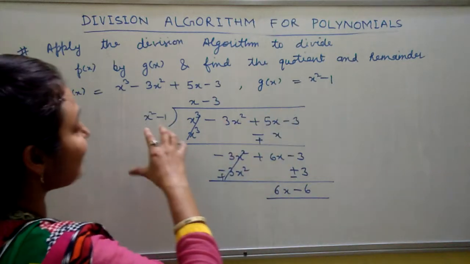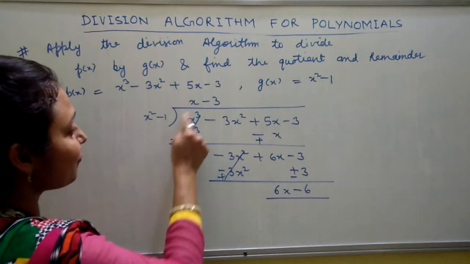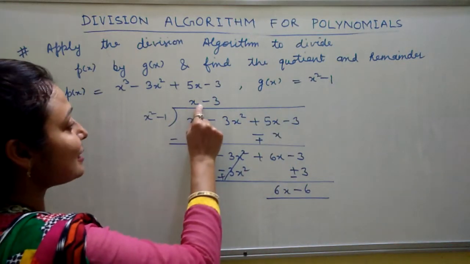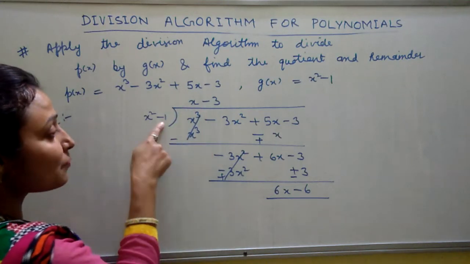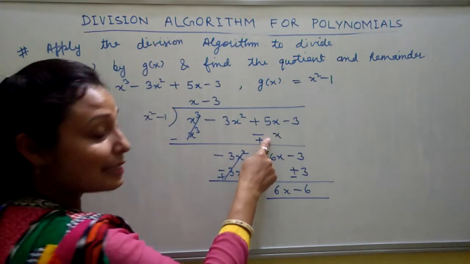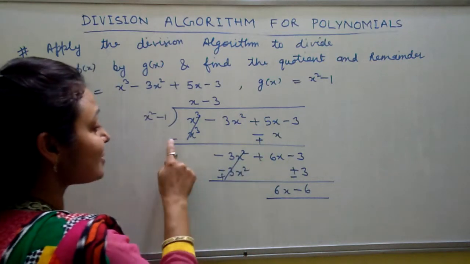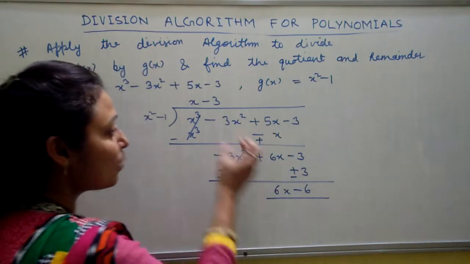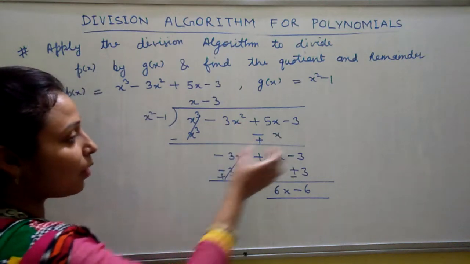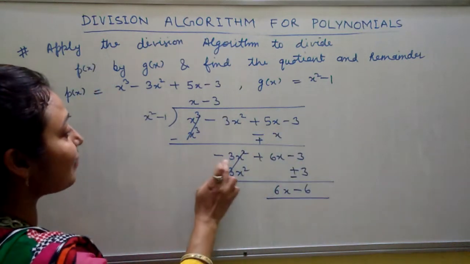When we divide x square by minus 1, for finding x cube, x into x square gives x cube. Multiplying this with this, we get minus x. So minus x is there. That converts into positive, and this converts into negative. The full term cancels and we add these two. The same terms come down. We need minus 3.